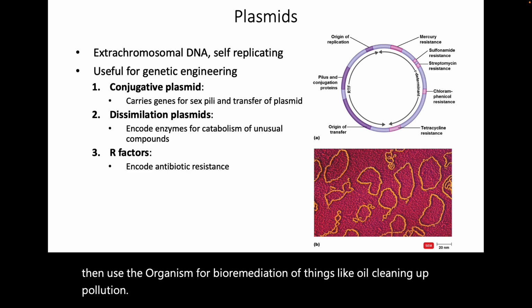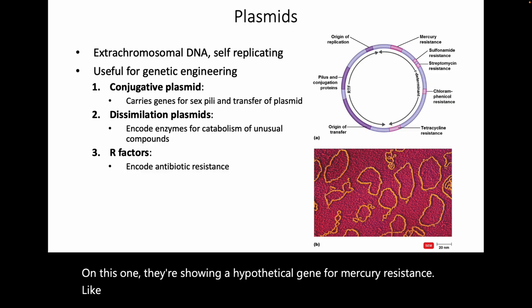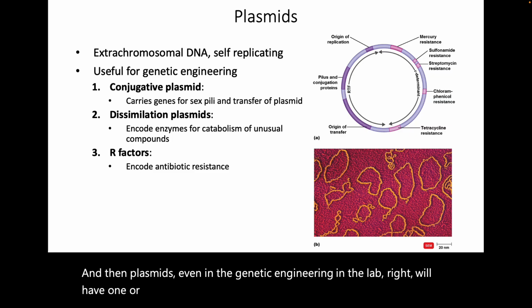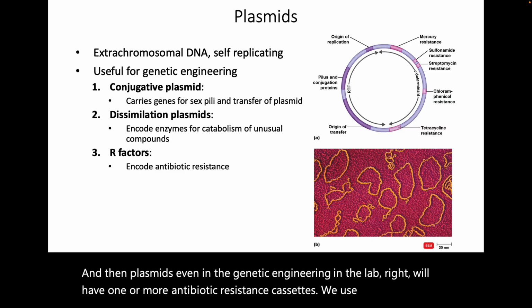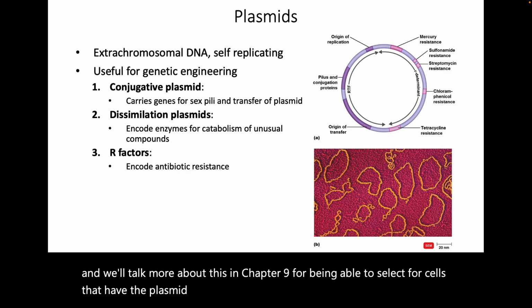On this one, they're showing a hypothetical gene for mercury resistance, like it allows it to tolerate mercury. And then plasmids, even in genetic engineering in the lab, will have one or more antibiotic resistance cassettes. We use them in the lab, and we'll talk more about this in chapter 9, for being able to select for cells that have the plasmid, because we look for the antibiotic resistance.